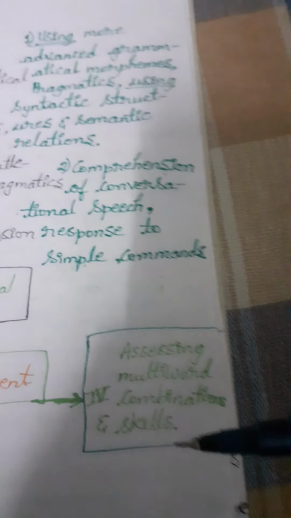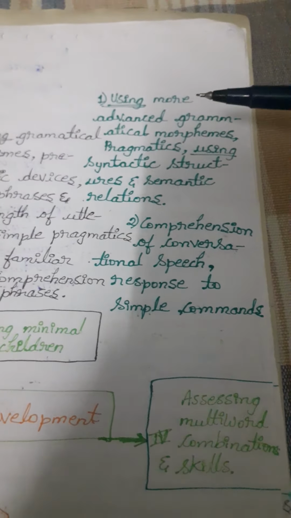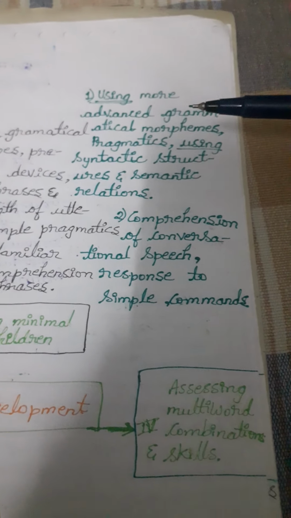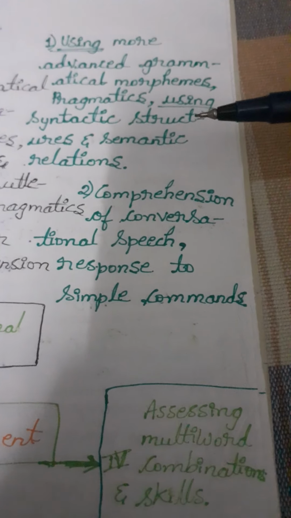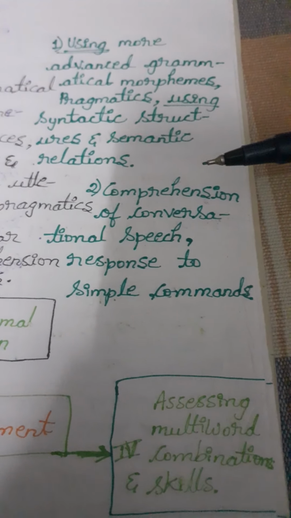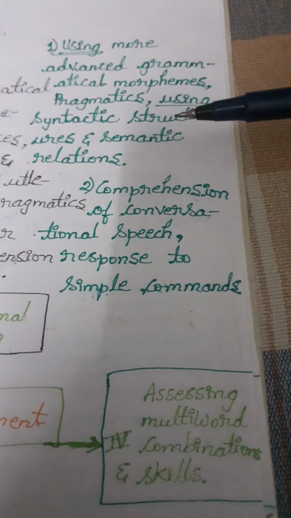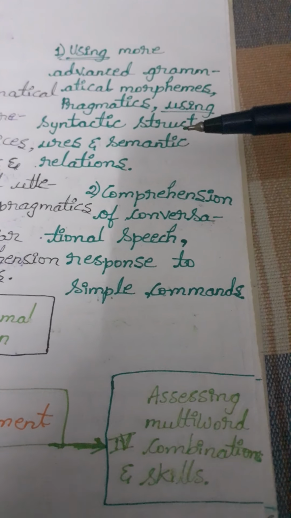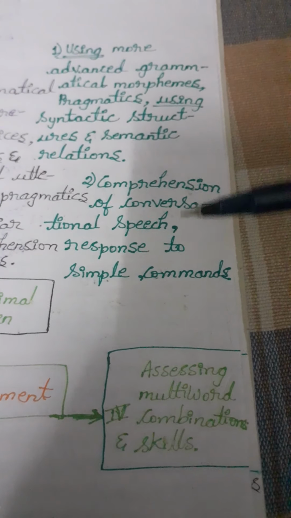Fourth point is assessing multi-word combination skills, assessed by using more advanced grammatical morphemes, and pragmatics using syntactic structures and semantic relations. As we know, syntax is the grammatical structure or grammatical order of a language, and semantics is the meaning of a word.